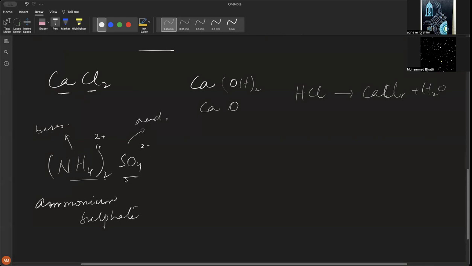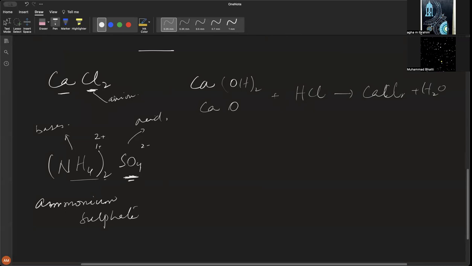So sulfate, definitely what comes to our mind? What type of acid would sulfate be? Sulfuric acid, right? Like in this case, we were able to see that one of the anions was chloride, and chloride comes from what type of acid?